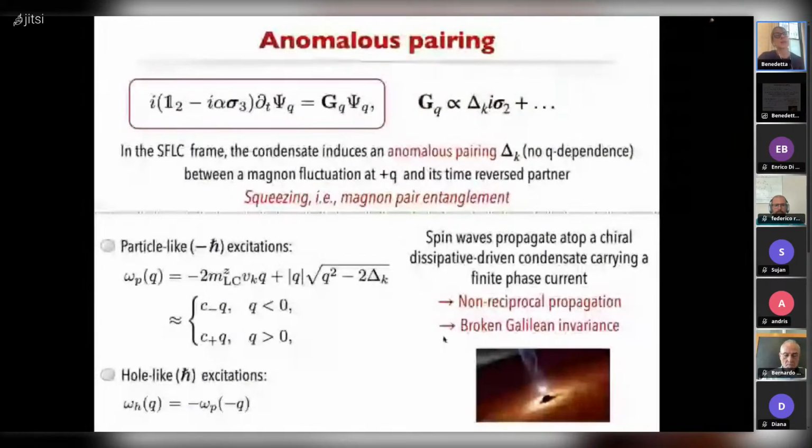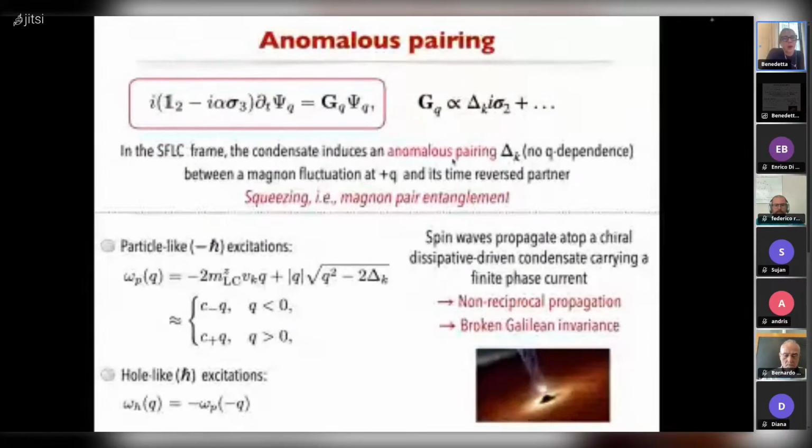So this means that you have this BDG form in which particle and hole excitations are coupled. And now we realize there is a direct mapping with the U1 broken condensates. So you have this anomalous pairing between a magnon fluctuation at wave vector Q and its time-reversed partner.